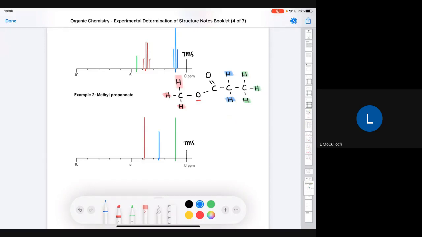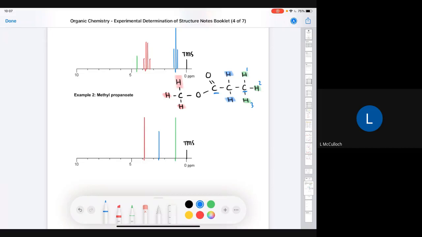If we look at the hydrogens in the blue environment, on the left-hand side, we see that the carbon that those hydrogens are bonded to is bonded to a C double bond O, so there are no hydrogens there, so we've got no hydrogens on the neighbouring carbon to the left. But then we've also got this carbon neighbour to the right, in which there are 1, 2, 3 hydrogens attached.